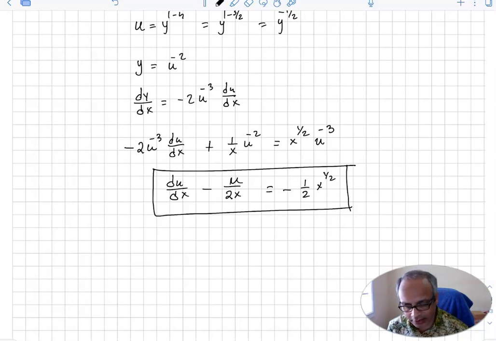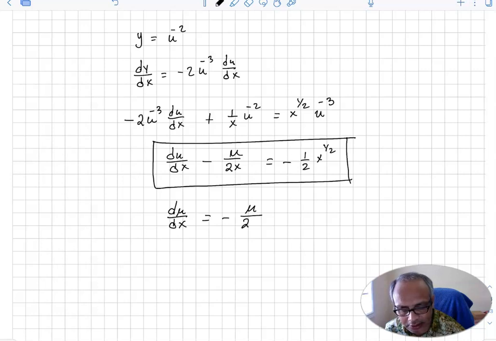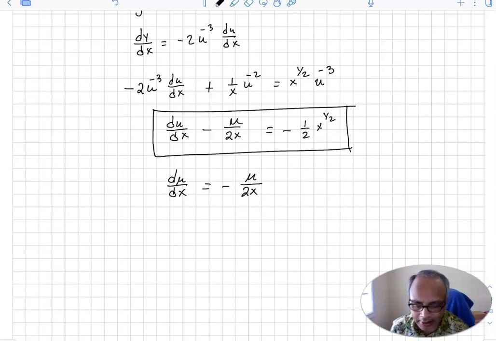Okay, so this is a linear differential equation, and we can find its integrating factor, d mu/dx equals, by writing the second term on the left-hand side.